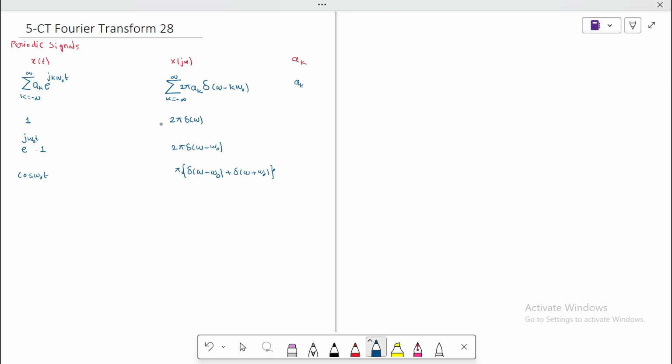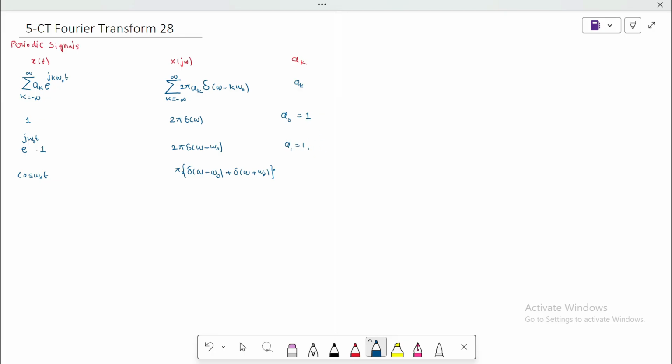So what about the Fourier series coefficients? For these there is no exponential, but this is called the a naught value. For a naught, e power j into 0 goes to 1, so a naught equals 1 in this case. Here k equals 1, so this is the a1 value, and a1 equals 1.